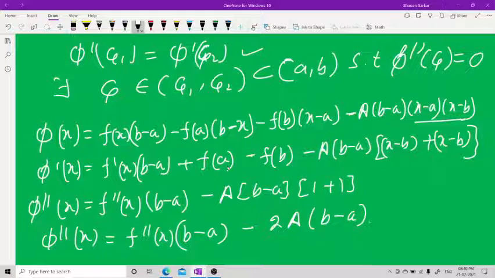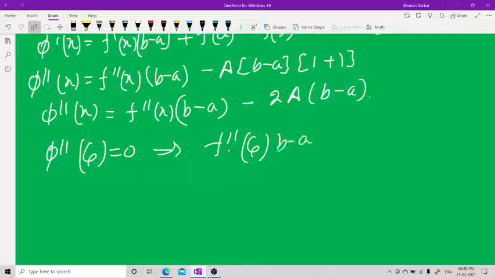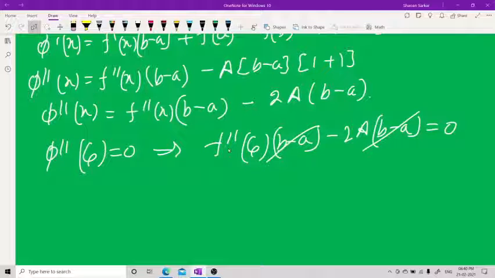Now phi double dash xi is 0, which implies f double dash xi (b minus a) minus 2A (b minus a) is equal to 0. Cancel this. A is equal to half f double dash xi.